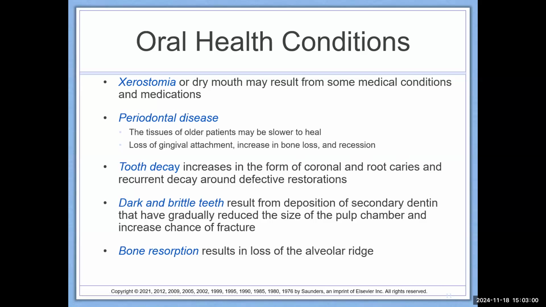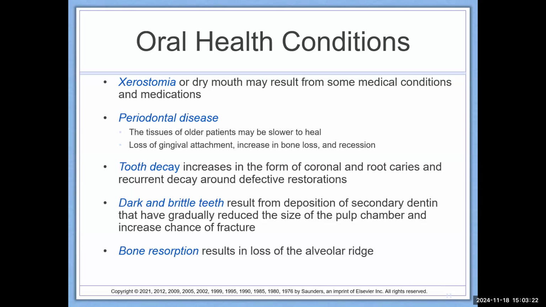Then there's dark and brittle teeth, and that is a result from the deposits of secondary dentin. So if you remember in DNA 108, your dental science course, we talked a little bit about secondary dentin that has now gradually reduced the size of the pulp chamber, and there's now an increased risk of fracture because the teeth are now brittle.